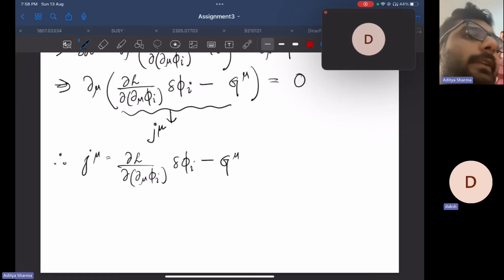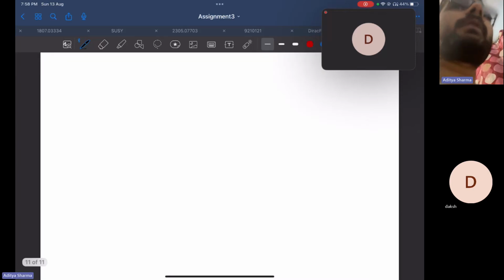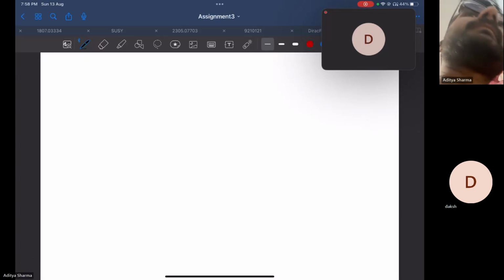Now let's do an example, which is called the stress tensor.